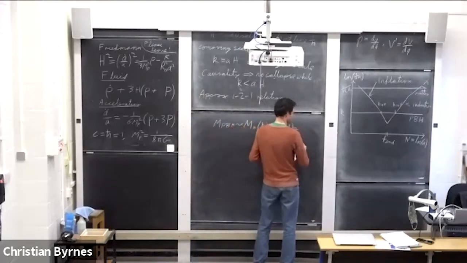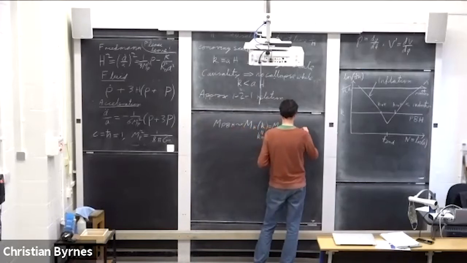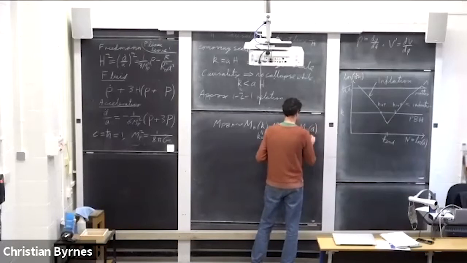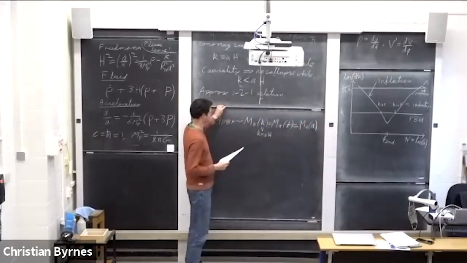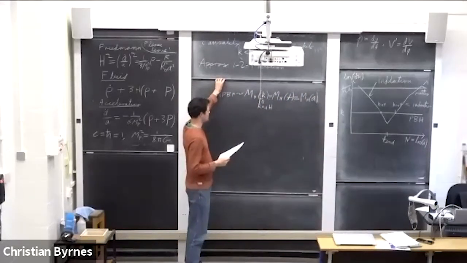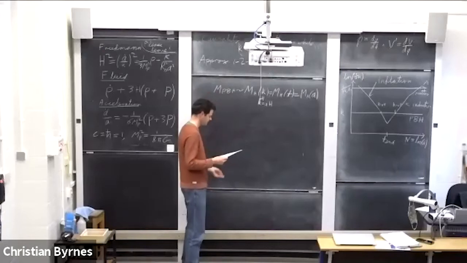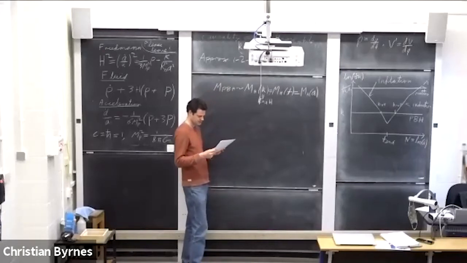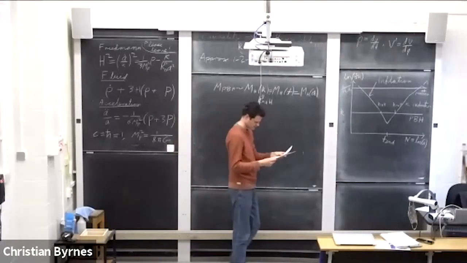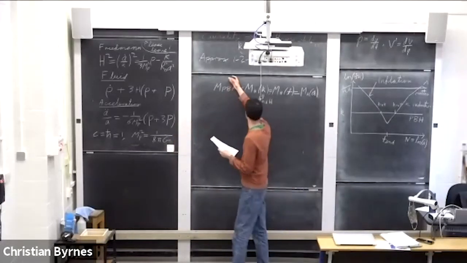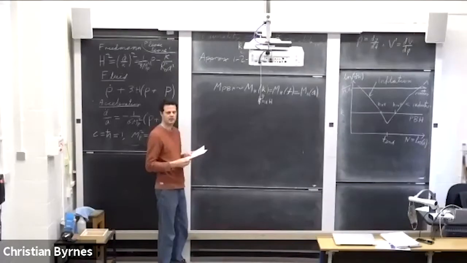Of course, then there's a one-to-one relation as well between time and scale factor, so I can also write it as M_H as a function of scale. And we're going to assume, once again, for the rest of this lecture, that primordial black hole formation is during radiation domination.